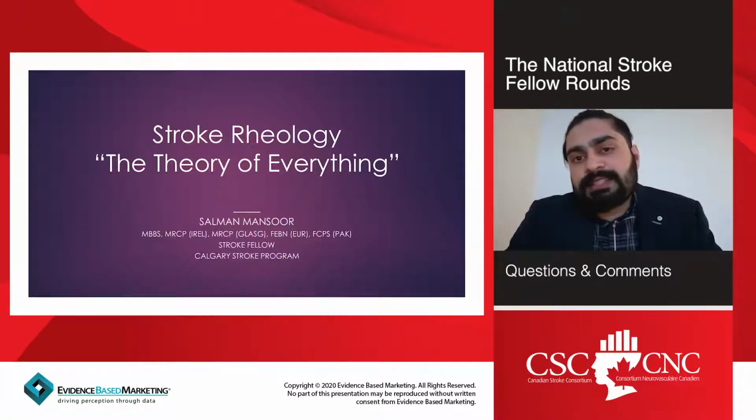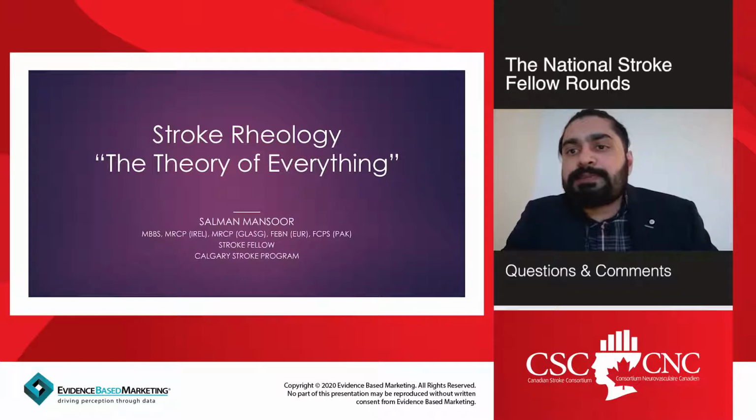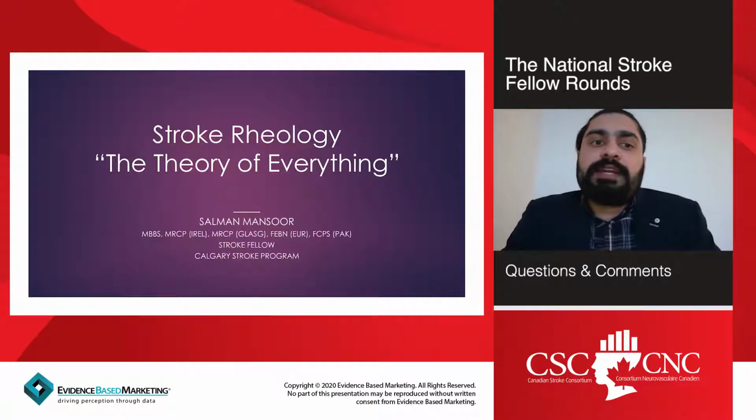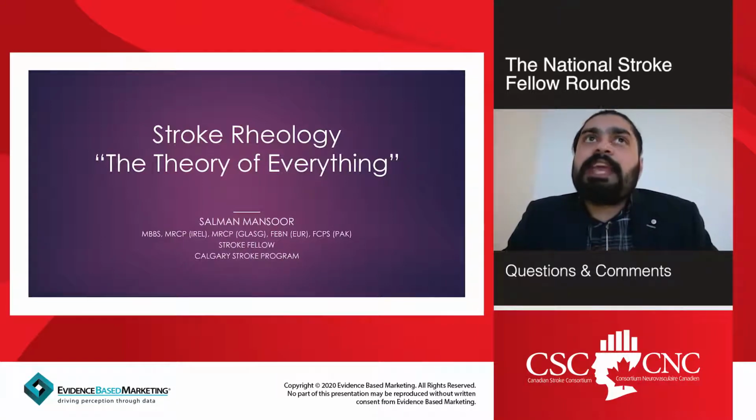I wouldn't say that one factor is absolutely the one factor which you would be able to pinpoint. When it comes to blood rheology, you can actually explain any sort of stroke mechanism based on this theory.